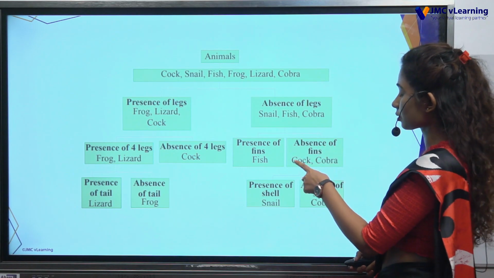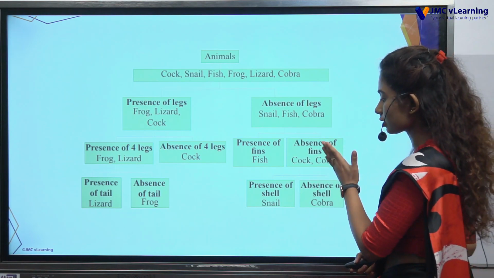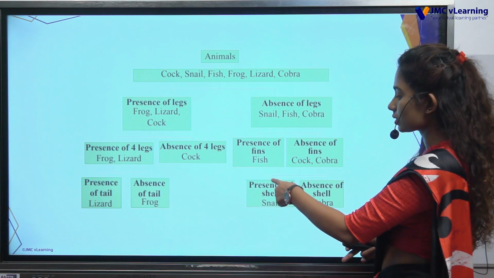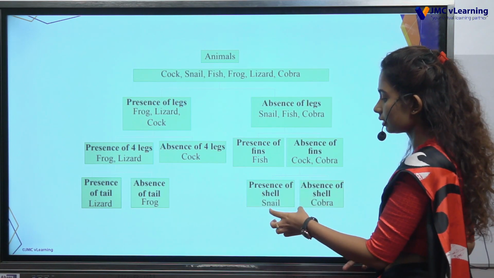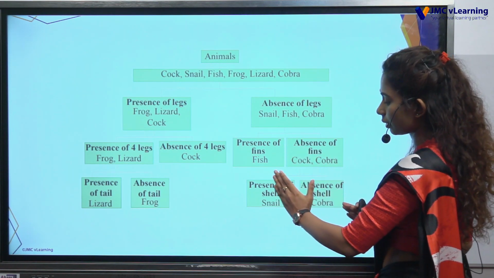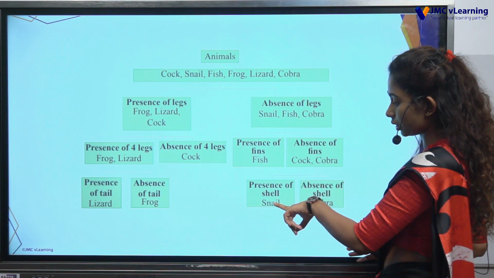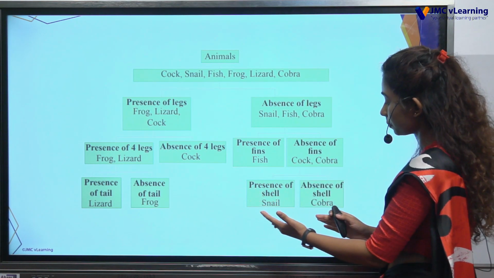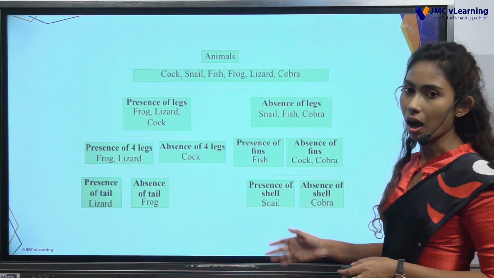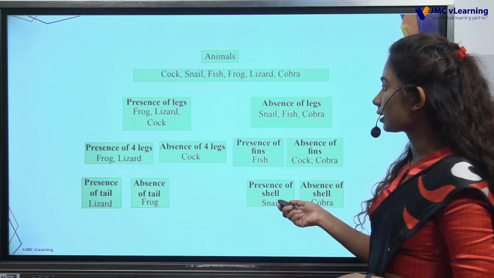In the absence of fins group, we have to divide them also into 2 groups. Using the external characteristic shell, we divide them into present and absent. The snail is included in the present group, and the cobra in the absent group. That's how we have to build a dichotomous key.